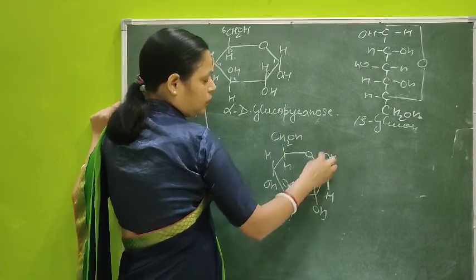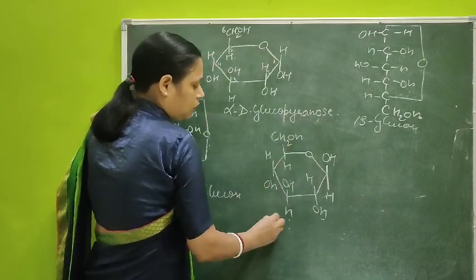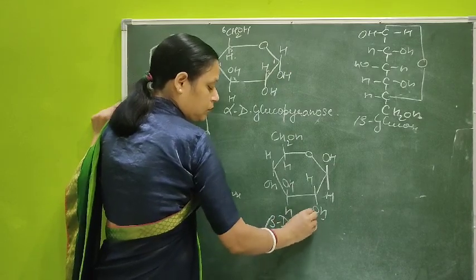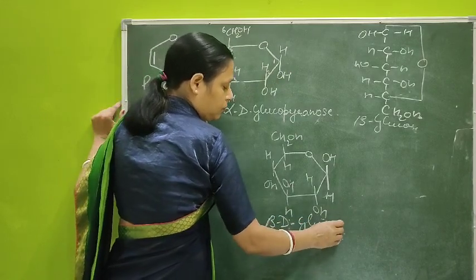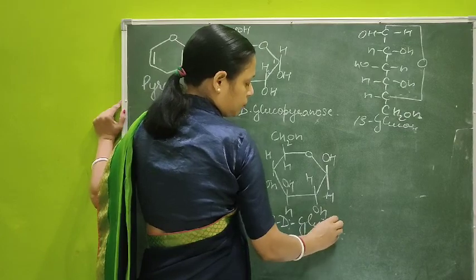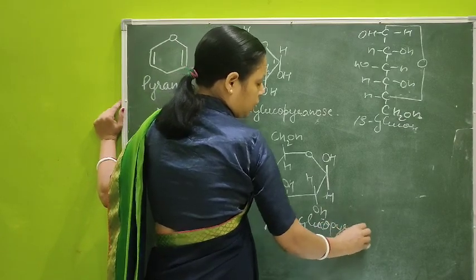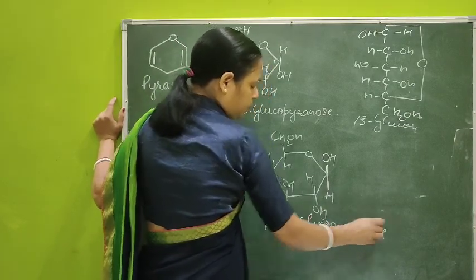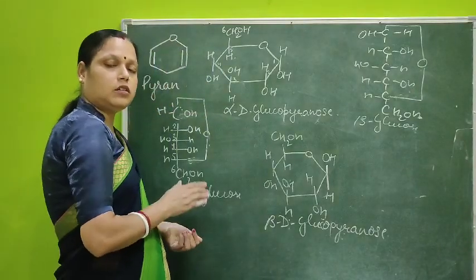So here the position of the hydroxyl group is reversed. This is your beta D glucopyranose. This is about the structure of glucose.